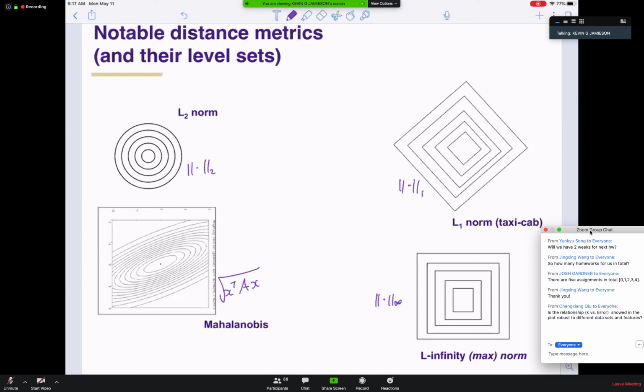Because you can write the squared L2 norm of x minus y as x transpose x minus 2 x transpose y plus y transpose y, well, that's just a bunch of inner products. So I can write this in terms of kernels as well. This is just k(x,x) minus 2k(x,y) plus k(y,y).